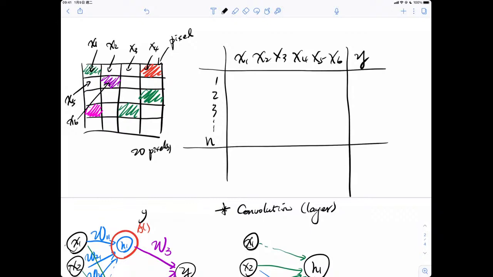For each pixel, you can use some numbers, for example RGB, which is a way to describe color. There are 3 numbers from 0 to 255, 3 different values to describe the color of a pixel.